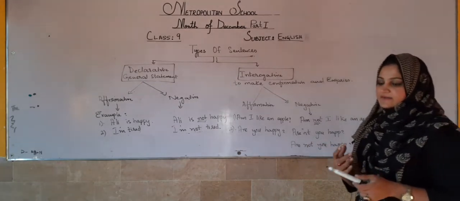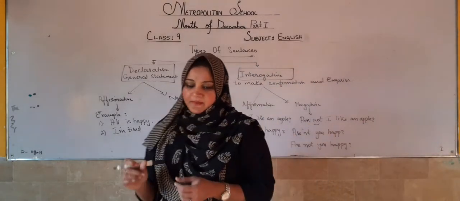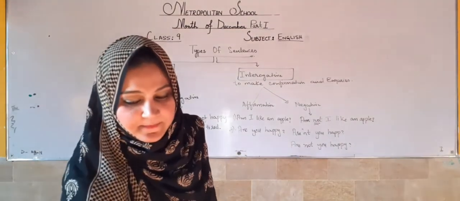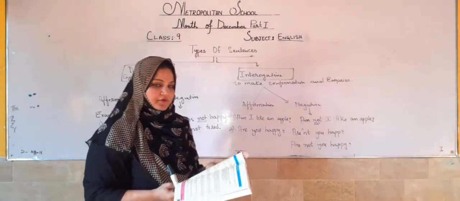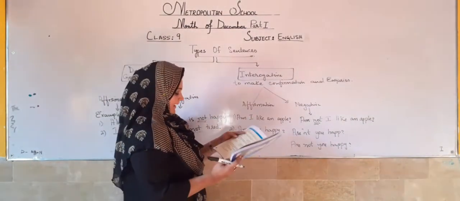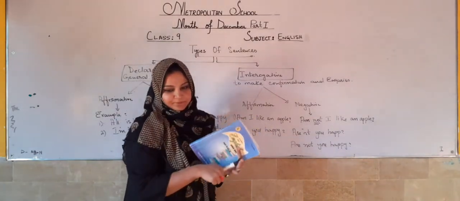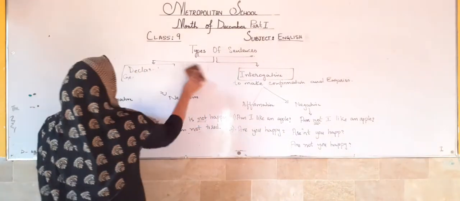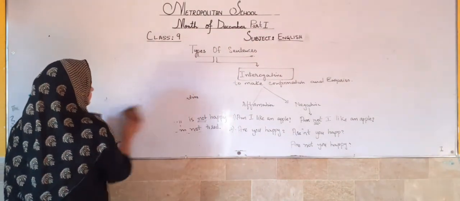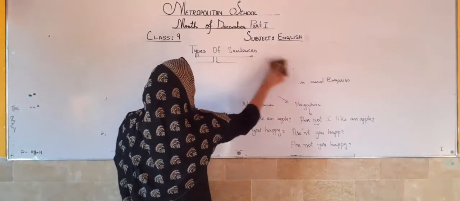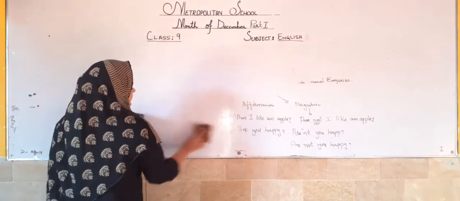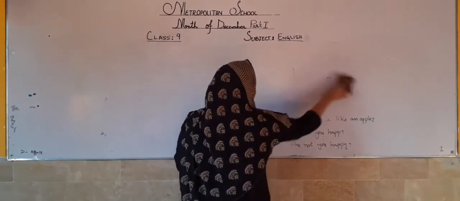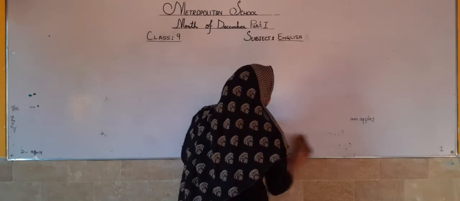Now let's move on to the exercise which is on page number 60 of your textbook. Open your books, all of you, and open page number 60. I am going to discuss exercise number 1 with you, in which you need to use these types of sentences.